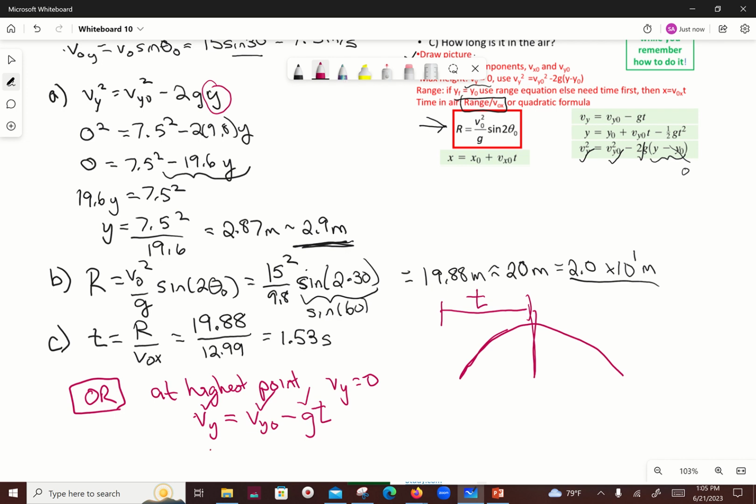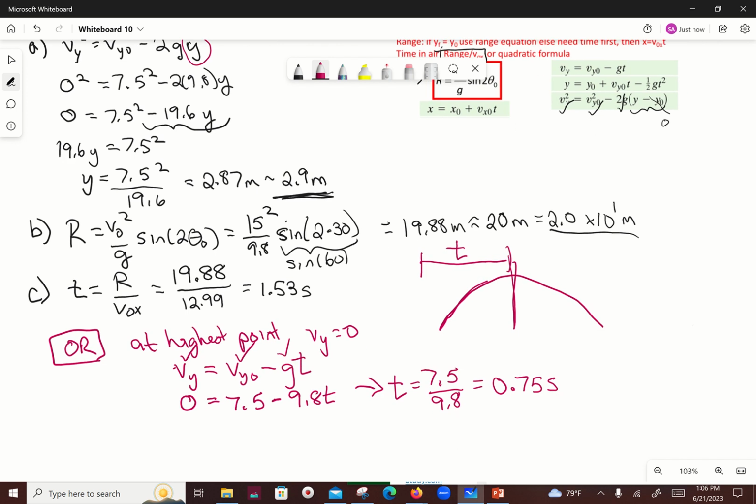So if I put in my numbers, I get 0 is equal to Vy0, 7.5, minus 9.8 times t. So t is equal to 7.5 divided by 9.8. So that's 0.75 seconds, a little bit more than 0.75 seconds. And that's half the time.